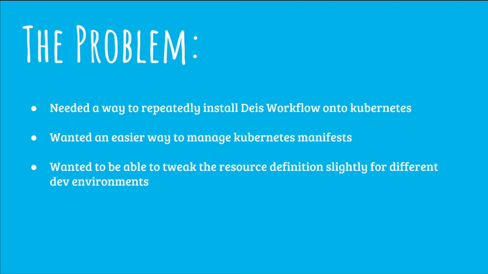Deis needed a way to repeatedly install our Workflow Heroku 12-factor app paths onto Kubernetes. We wanted an easier way to manage Kubernetes manifests, and we wanted to be able to modify resource definitions for different dev environments so that we could make our sort of manifest of manifests reusable.